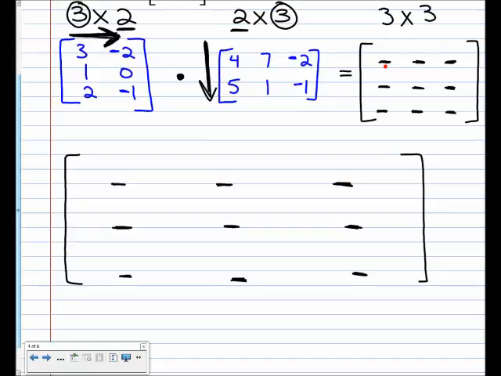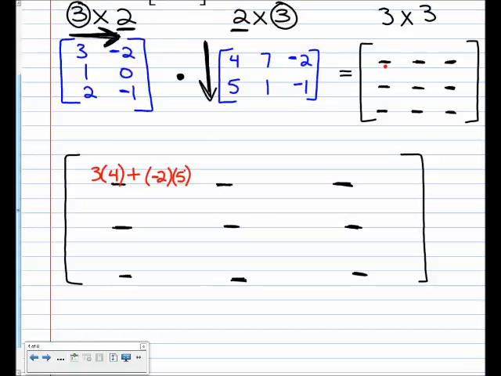Here's how it's going to work. You're going to go 3 times 4 plus negative 2 times 5. I'll do it again. 3 times 4 plus, and watch how I follow my arrows, negative 2 times 5.